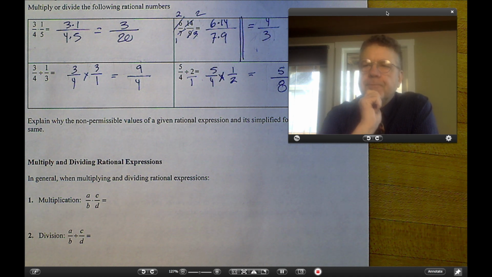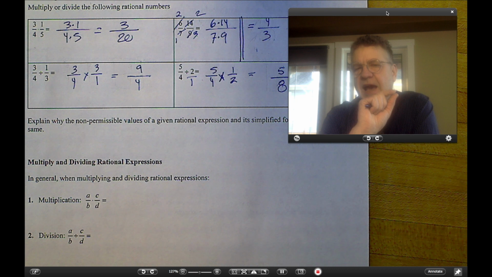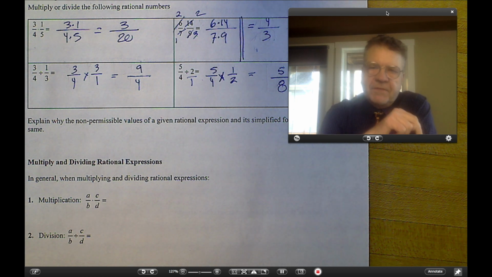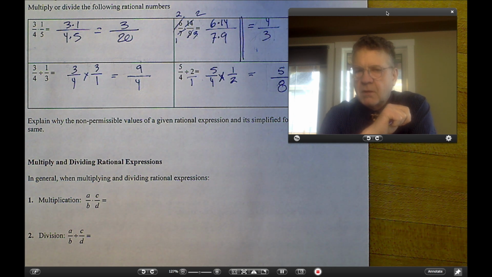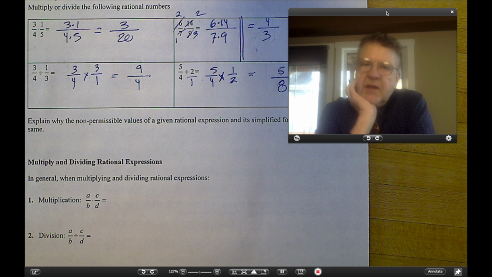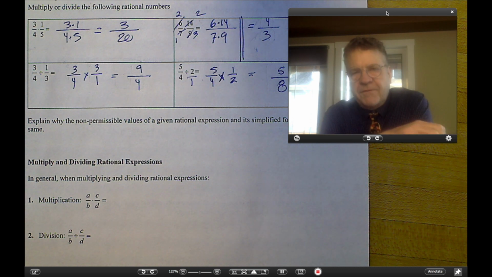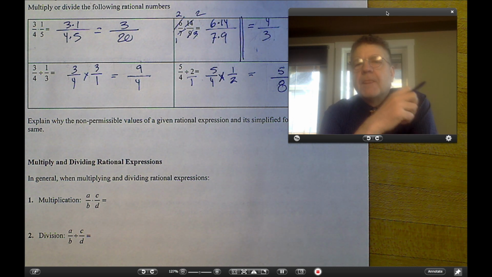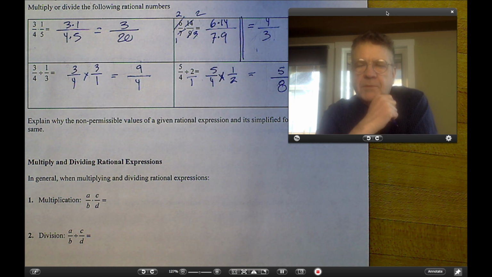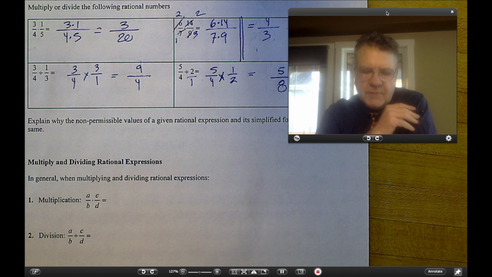Well, here's why. You have to agree that the unsimplified form and the simplified form of an expression are the same value, right? They're equivalent. Well, if they're equivalent, then the non-permissible values of both have to come into play.